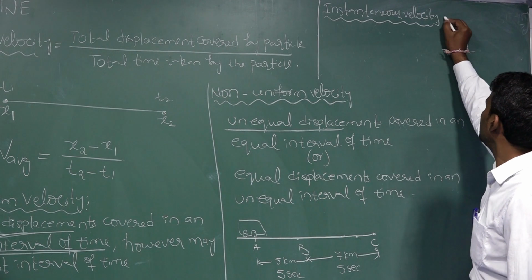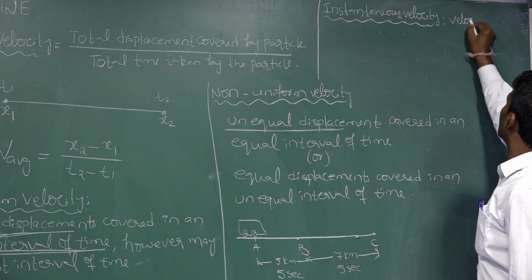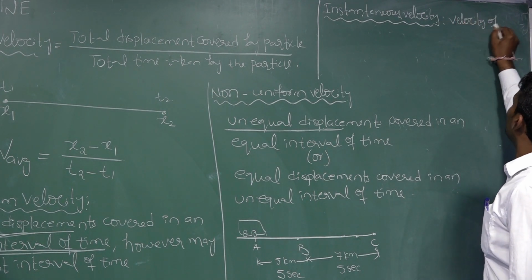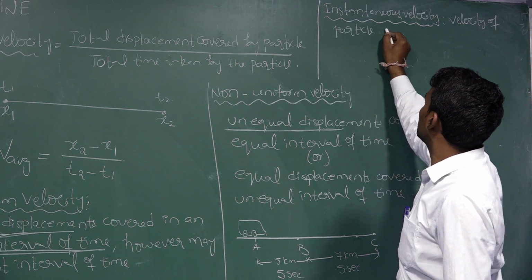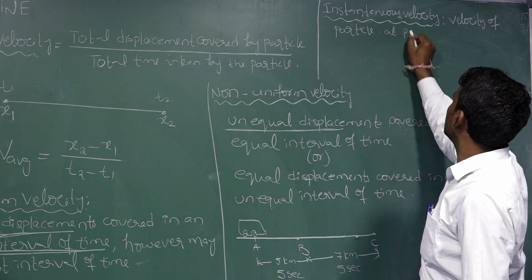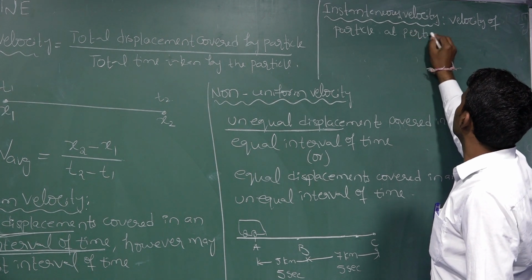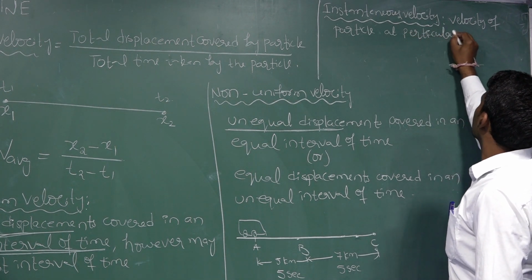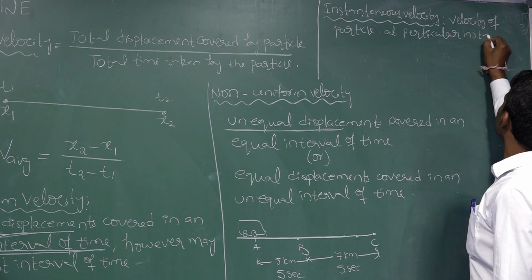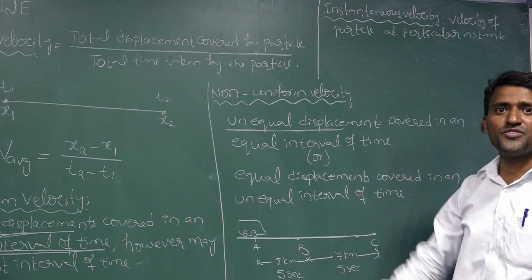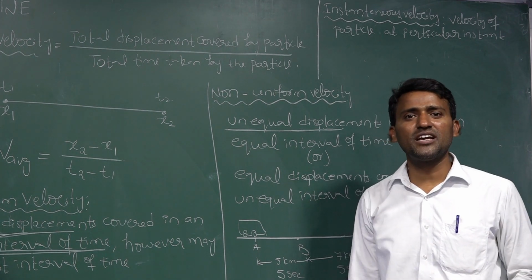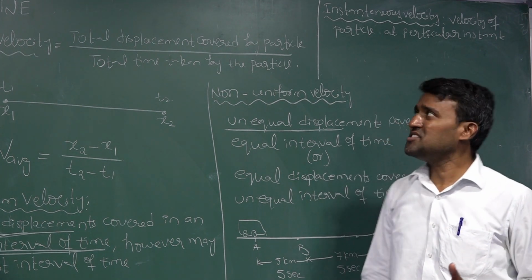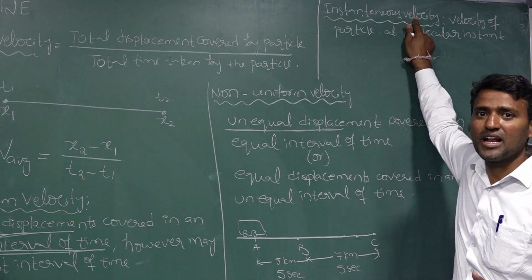Velocity of the particle at a particular instant is called instantaneous velocity.